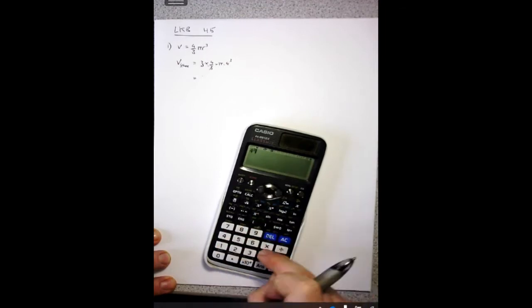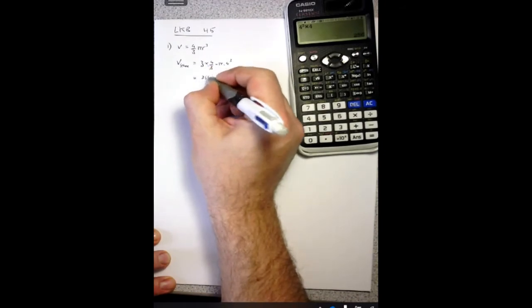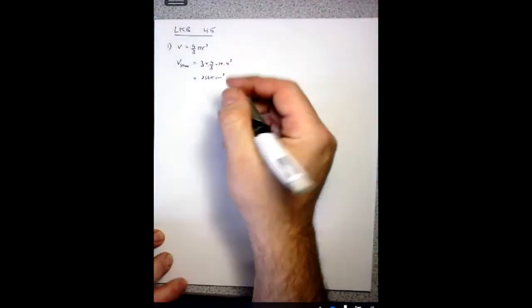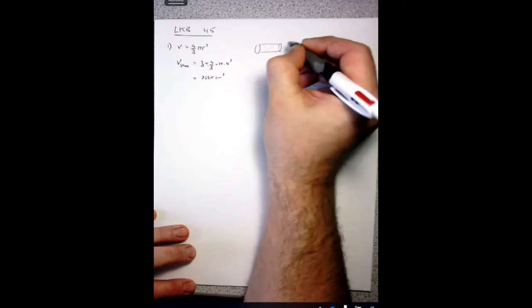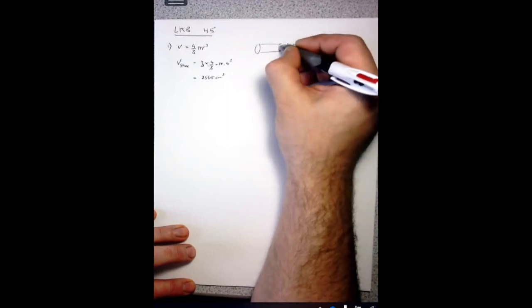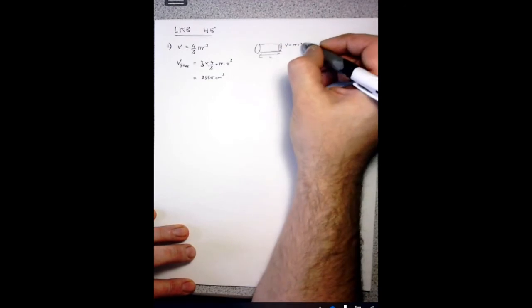Remember, the volume of the cylinder is pi r squared, that's the area of one end, times the length. Sometimes it's called the height, sometimes it's called the length. Again, I think we assume that the length is the same as 3 diameters.